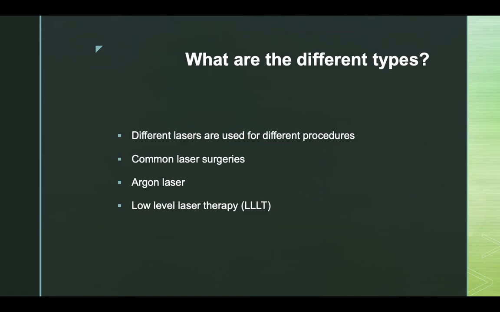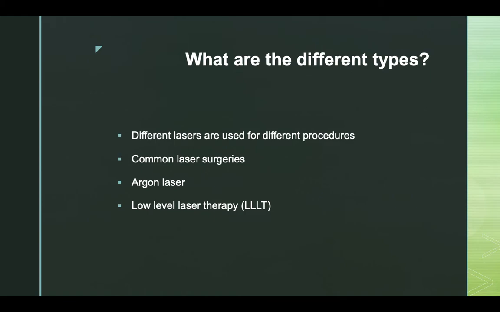Besides that, there are argon lasers that make very shallow cuts and can be used to activate photosensitizing drugs, for example, during photodynamic therapy. This type of cancer treatment is combined with light and with chemotherapy to kill more cancer cells. So you will make it more useful and more effective.